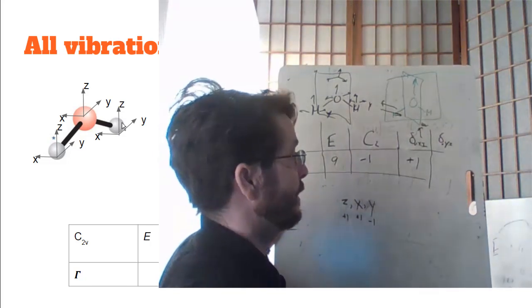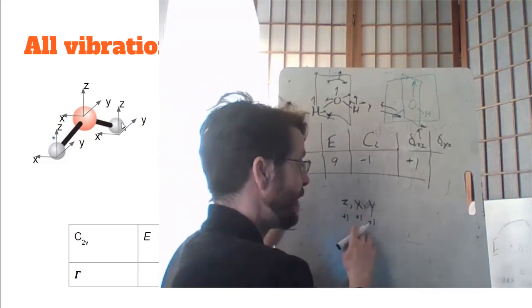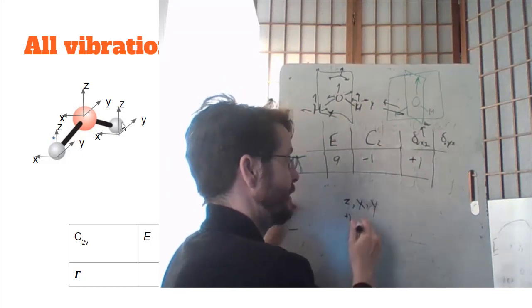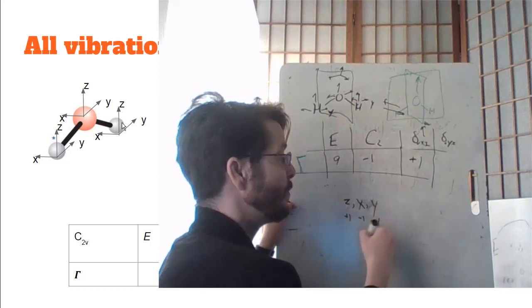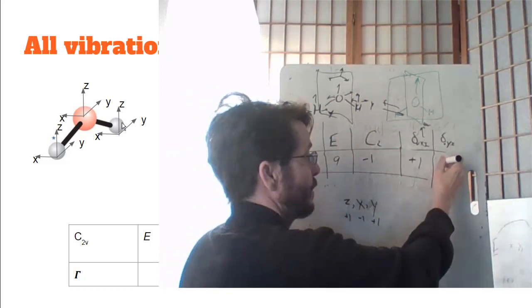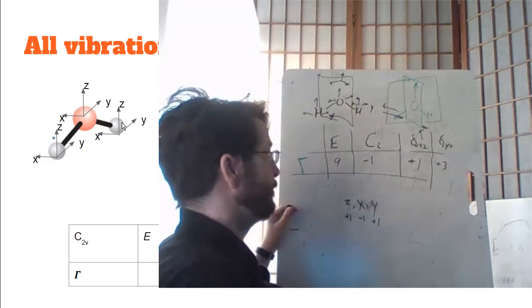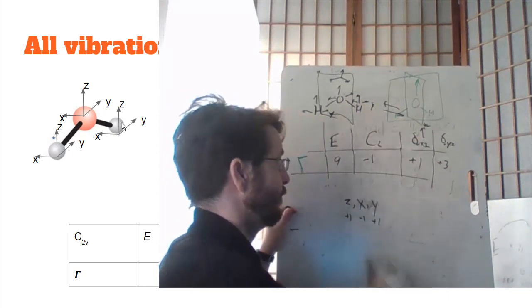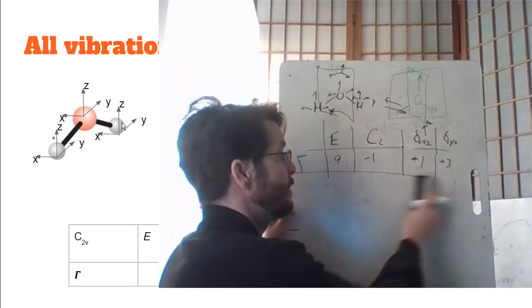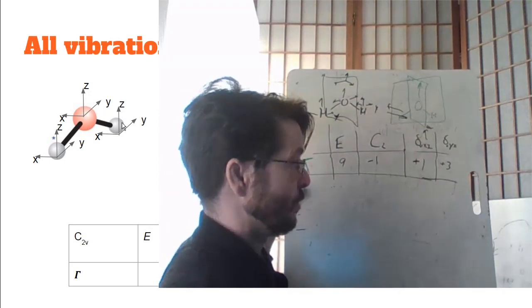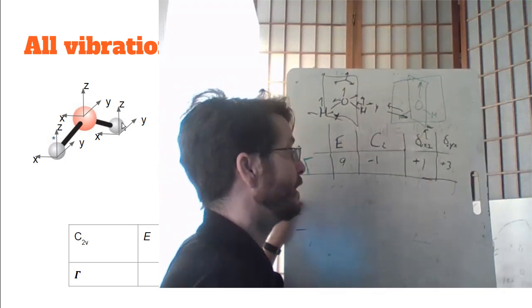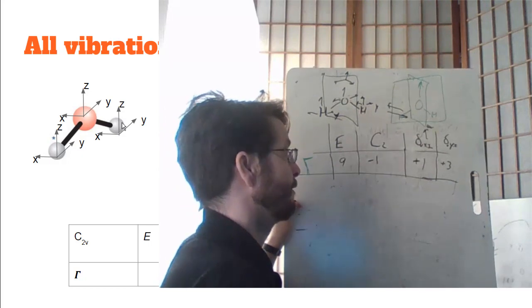It looks just like this, except the x is now negative and the y is positive. But there are 3 atoms that do this, so +3. So this represents the reduced representation for all the motion in the structure, all of the transformations.